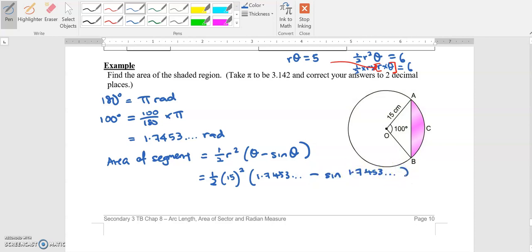Press your calculator, work it out. You will get 85.5586 and so on, and 2 dp is requested, so 85.56 cm squared in 2 dp.